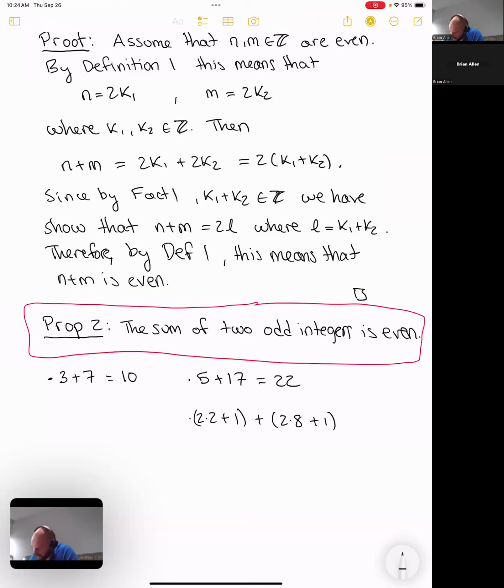And so if we just play around with those specific numbers a little bit, notice that I can group the 2 times 2 plus 2 times 8 plus 1 plus 1 here. And so that's like 2 times 2 plus 8 plus 2. And then I can pull out the 2 one more time, and I get 2 times 10 plus 1.